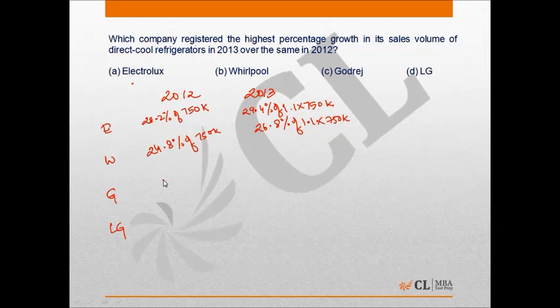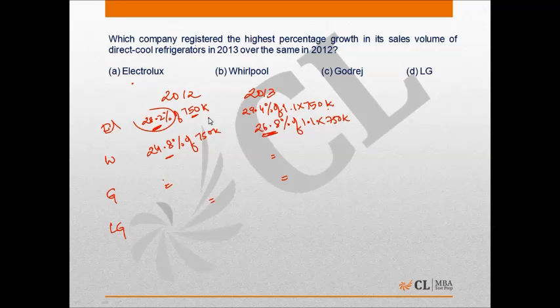Accordingly, we will have the values for Godrej and LG for both the years. This is 28.2% of 750K for Electrolux, and this is 29.4% of 1.1 of 750K.